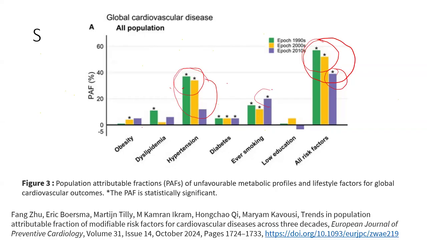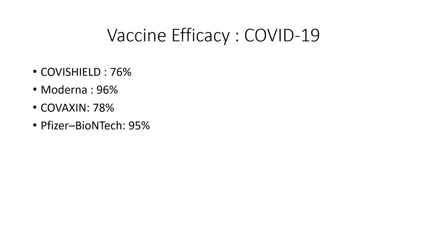But in the last decade of their study, you see that smoking has overtaken hypertension. The proportion of the risk attributable to hypertension got reduced, and it was overtaken by those giving a history of ever smoking. So there are studies which use secondary data and calculate population attributable fraction, and they have an impact on decisions taken at global or even national level.